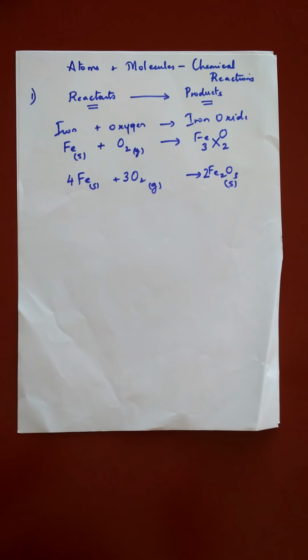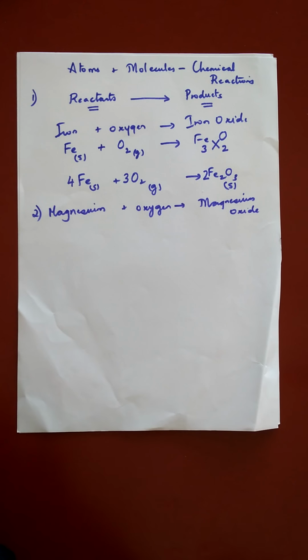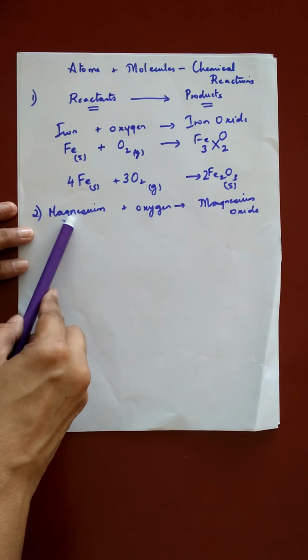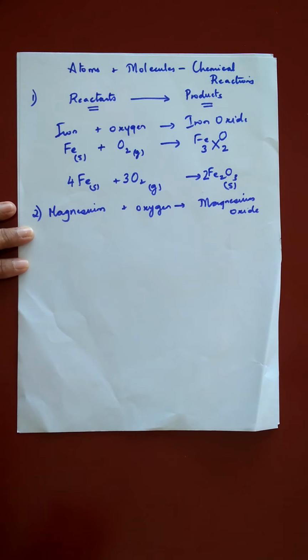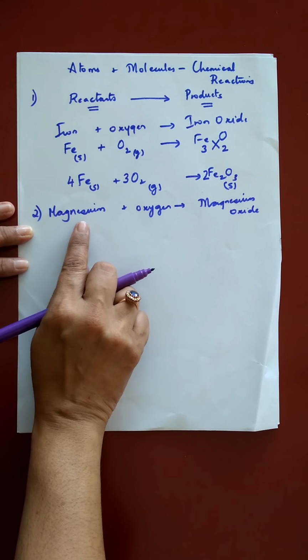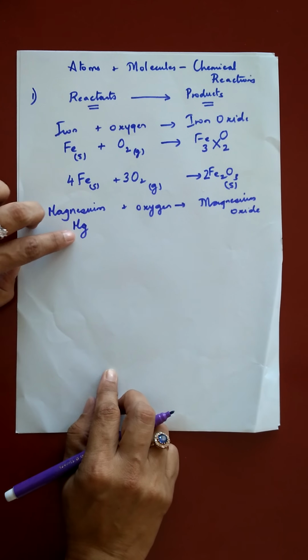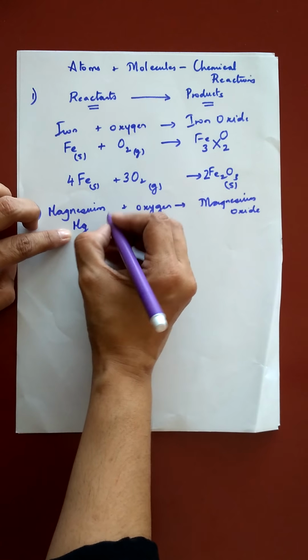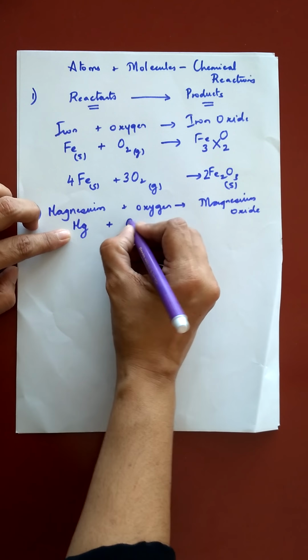Now I'll give you another, very simple example. The second one is magnesium plus oxygen gives magnesium oxide. Magnesium is an element, a metal, a solid. So you just write the symbol, the short form for an element. You write Mg. Plus oxygen exists as a molecule, so there are 2 atoms together, so O2.